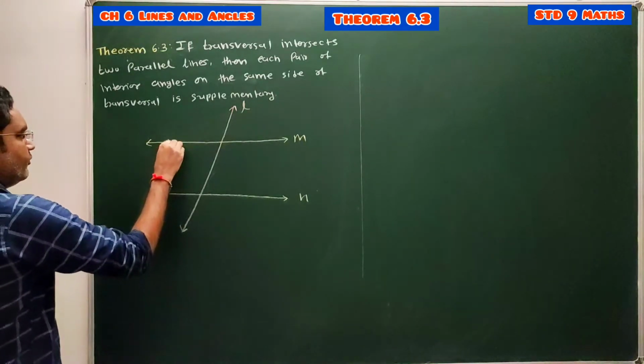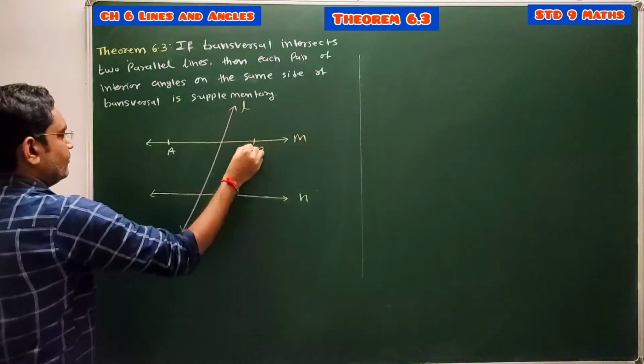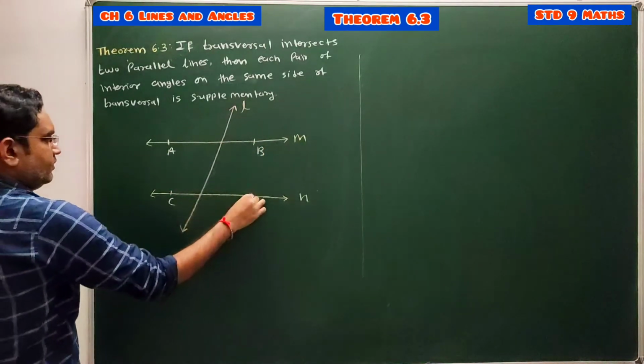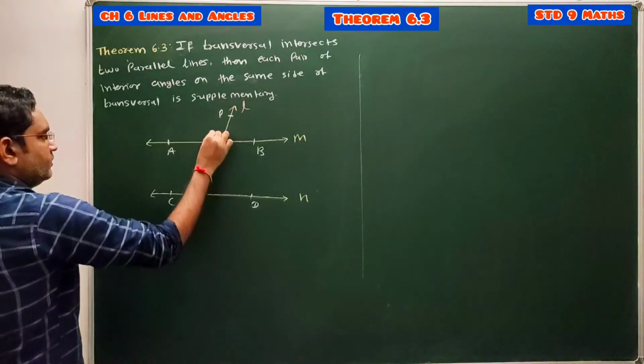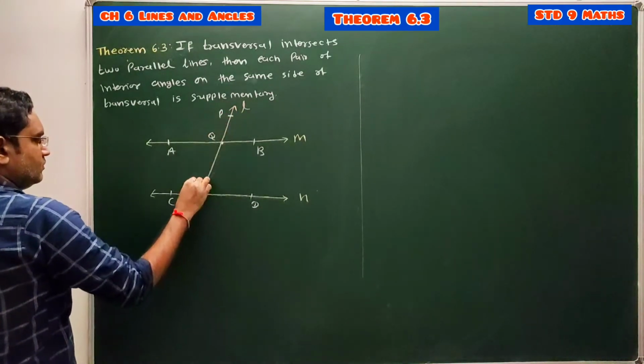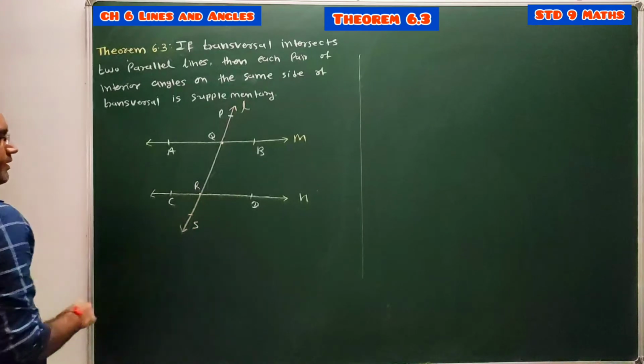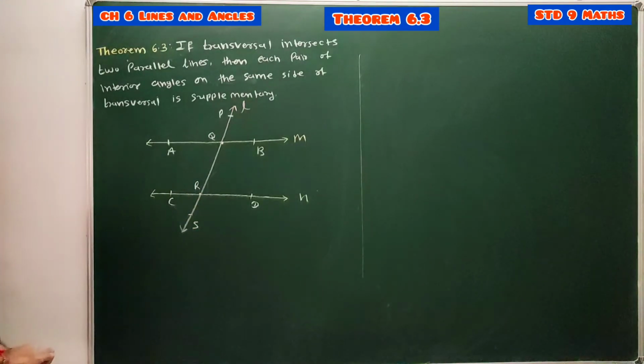Consider these points as A, B, C and D, and these as P, Q, R and S.